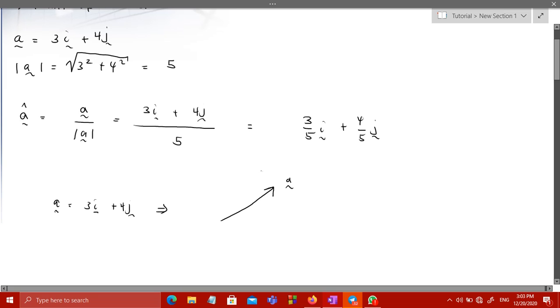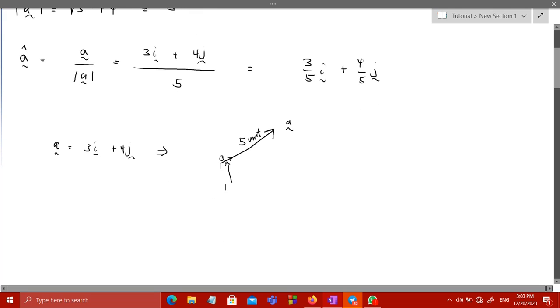So vector A roof, since this is 5 units, 1 unit of it is here, approximately there. So this is only 1 unit. This is 5 units, so the whole thing is 5 units. Let me not confuse you with the arrow.